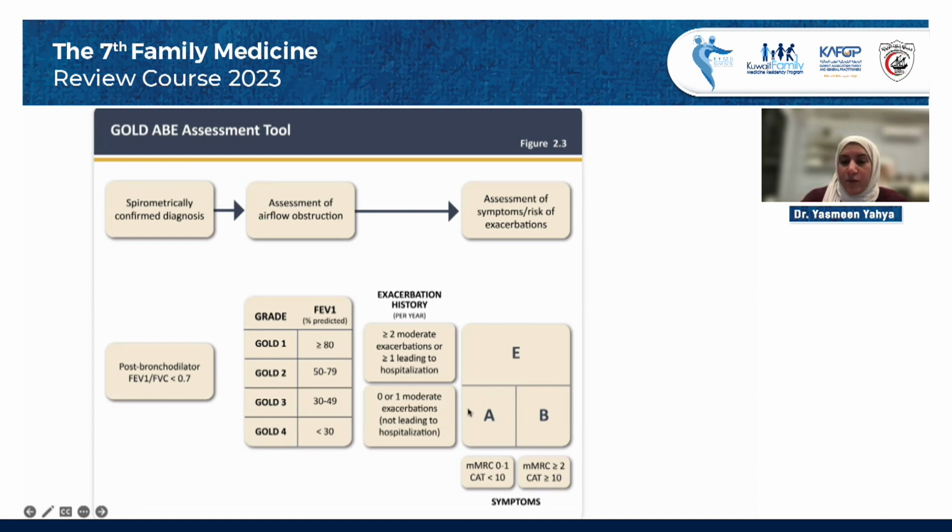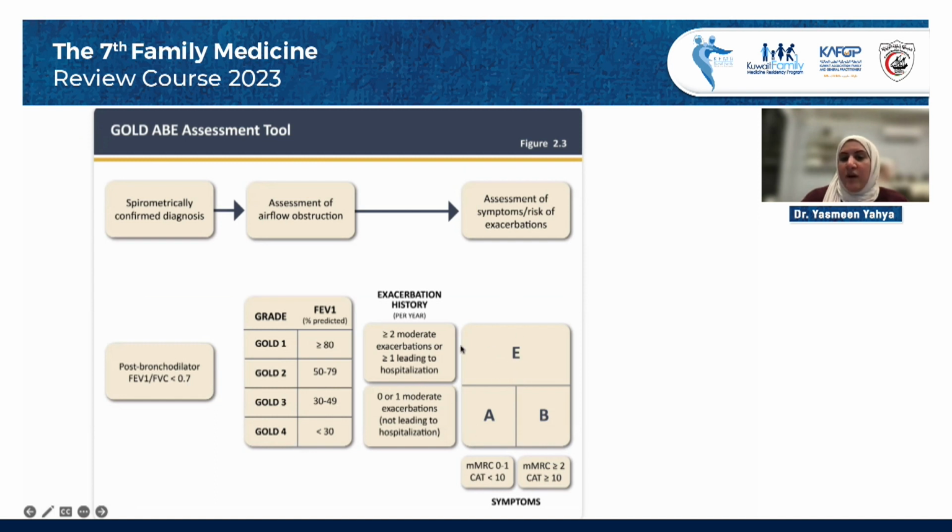So patients in group A have very few symptoms, and here the history of exacerbation per year is 0 or 1 moderate exacerbation not leading to hospitalization. So these are group A. Group B are those who are more symptomatic, but again, they didn't have many exacerbations.